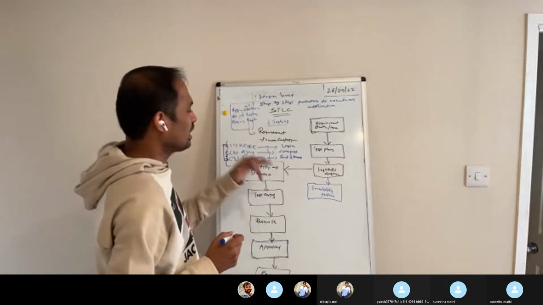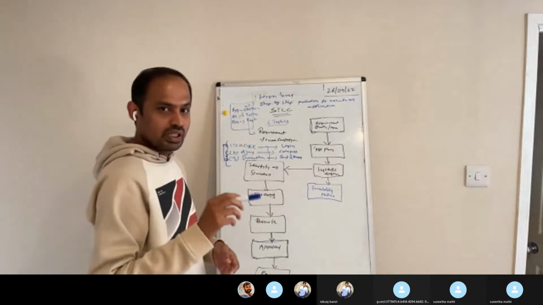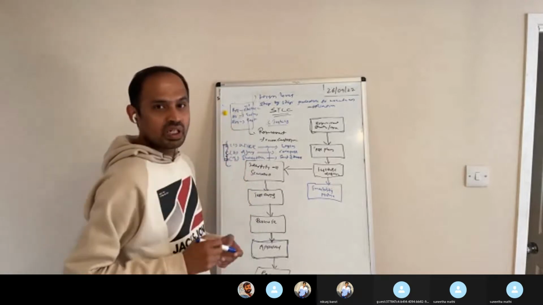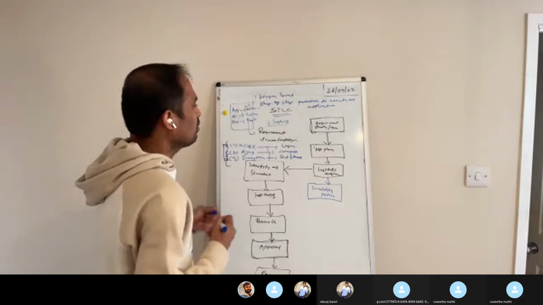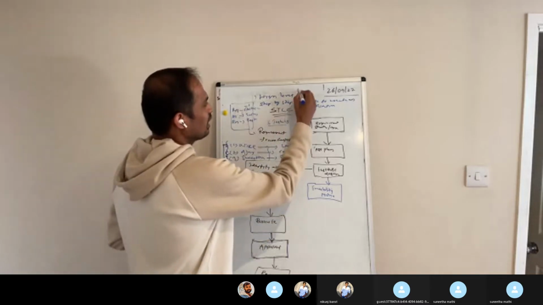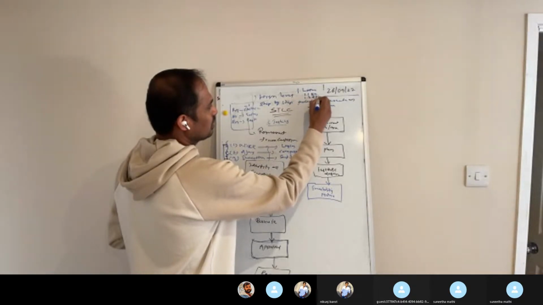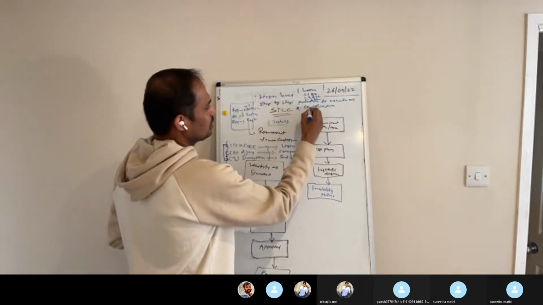So we trace whether the coverage of the test cases has happened for each and every requirement in the requirement document. The requirement document will be given like this: 1 login, 1.1 enter username, 1.2 enter password, 1.3 click on login. So this is login. Next, 2 compose.